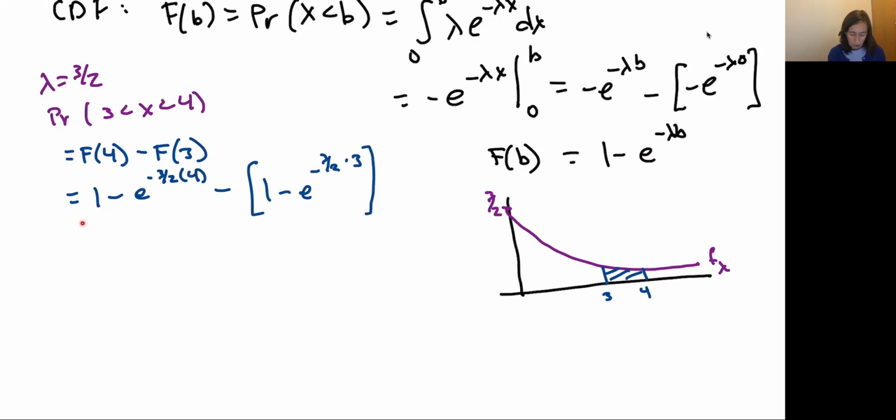The two ones cancel out here, and this negative cancels out that negative, so I end up with e to the -9/2 minus e to the -12/2. That sounds like e to the -6. Those are numbers, and the difference between those numbers is 0.0086. That is the probability that an exponential random variable with parameter lambda is between 3 and 4.